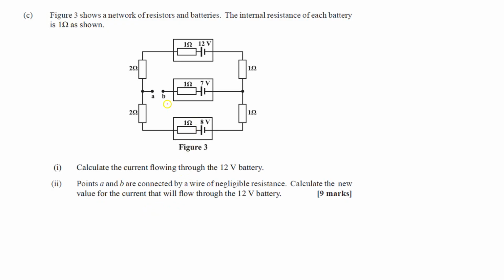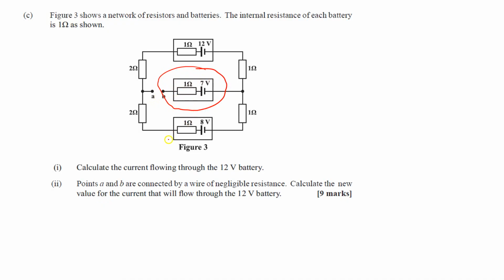Now here we have a Kirchhoff question, and it wants us to calculate the current flowing through the 12 volt battery. As you can observe from this circuit, A and B right here is not connected to the circuit. You have an open circuit right here. So this part of the circuit is not included.